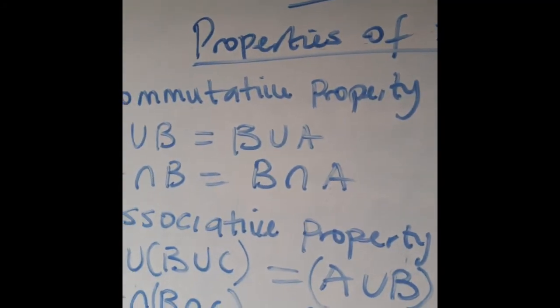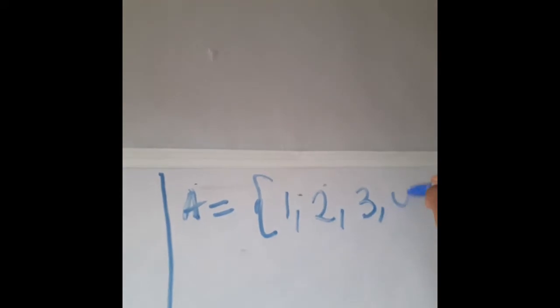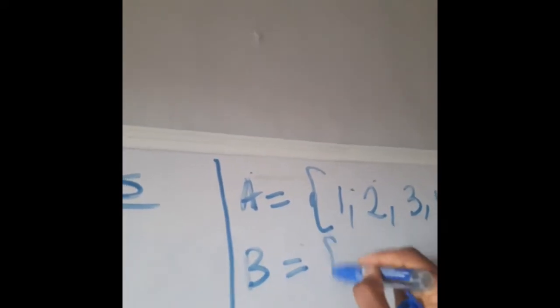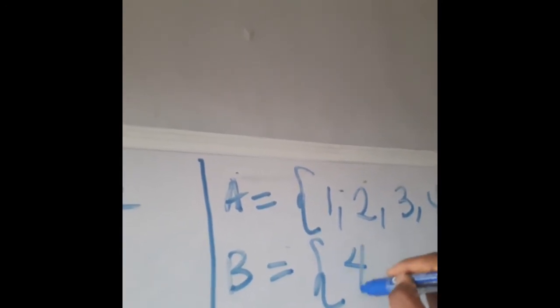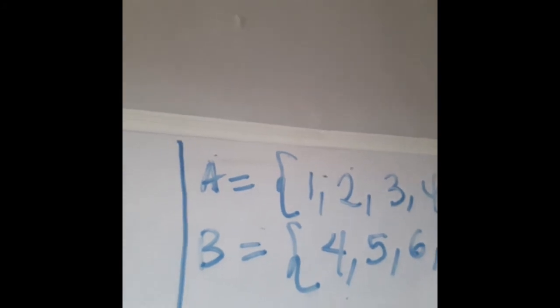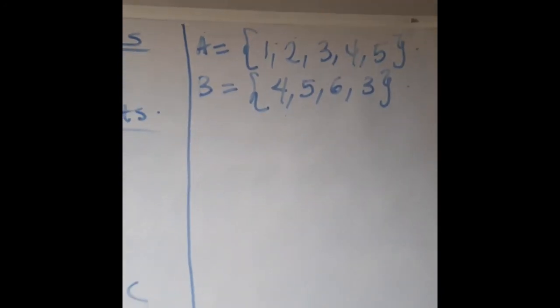Our A equals 1, 2, 3, 4, 5. B equals 4, 5, 6, 3.